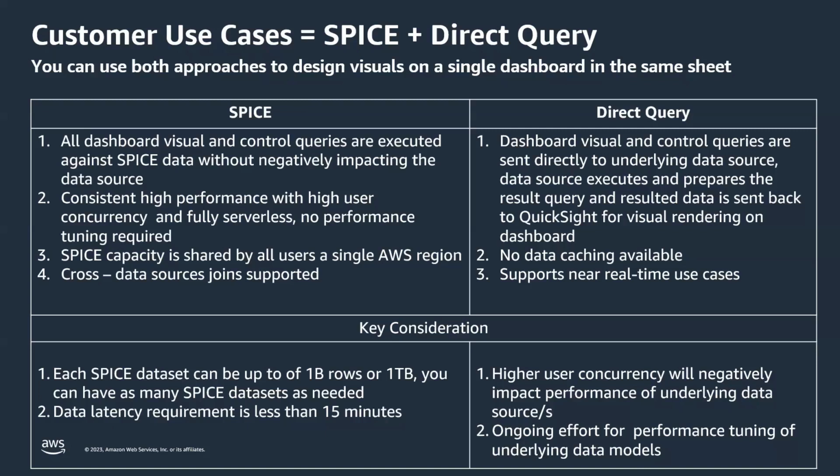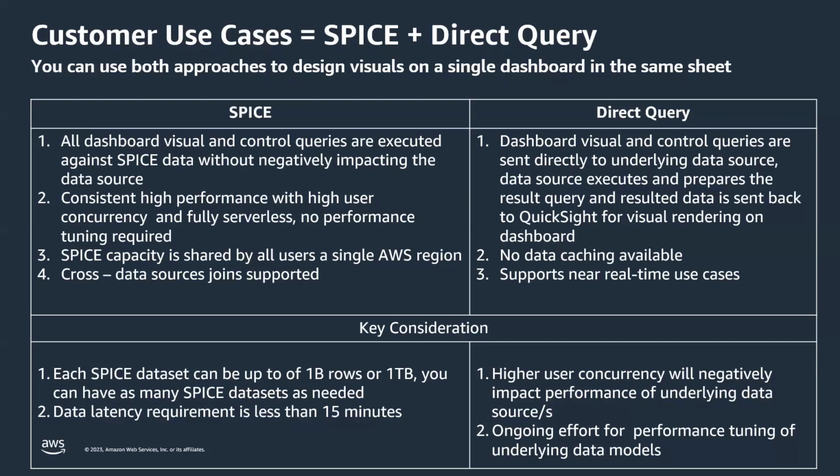But here I wanted to highlight some of the key things that you need to be aware of when using Spice or when using direct query, right? So think about Spice. When you're using Spice, your data is ingested and available in Spice. All the dashboard visual queries that are executed are executed against Spice data, which is stored in memory, and which also has your calculations stored as well, right?